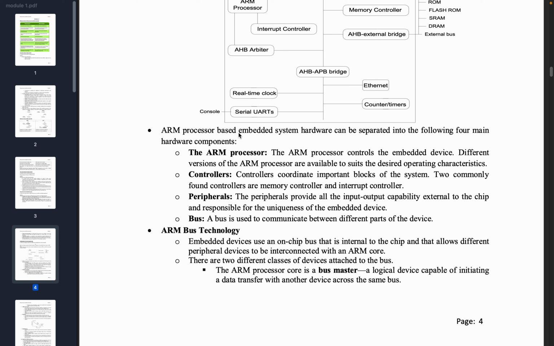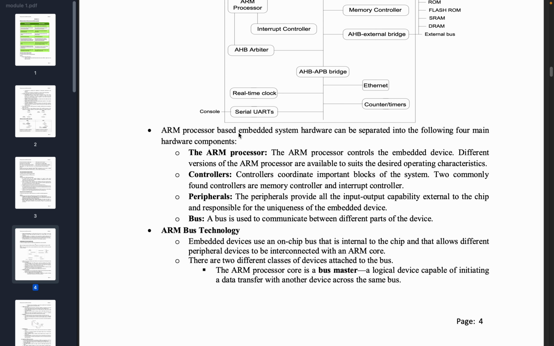There are two different classes of devices attached to the bus: first is the bus master and the other is the bus slave. First, the ARM processor core is a bus master, a logical device initiating a data transfer. The function of a bus master is initiating a data transfer with another device across the same bus.